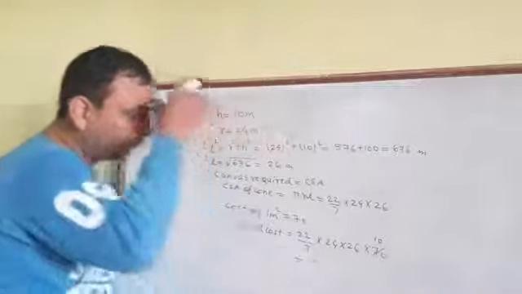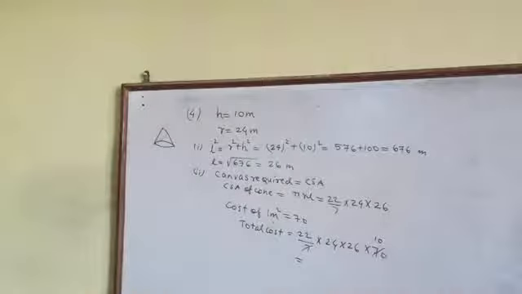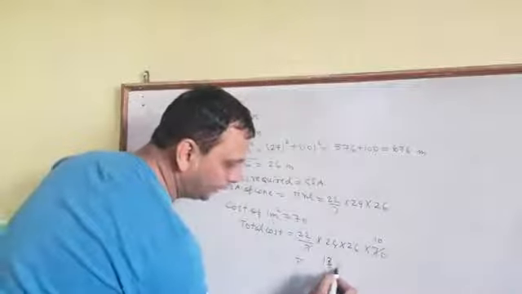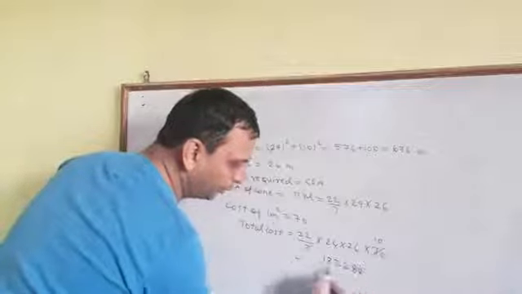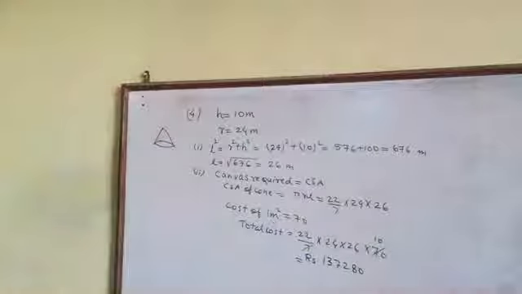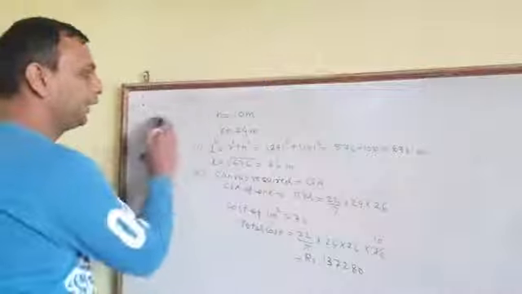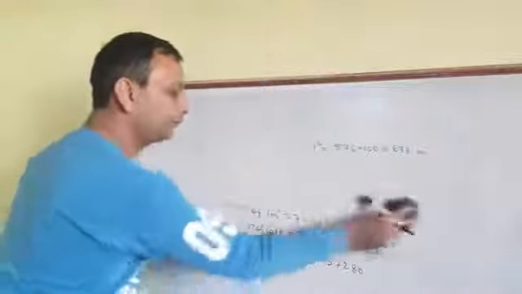So now 22 multiplied by 24, multiplied by 26 multiplied by 10. On solving this we will get 137280 rupees as the answer for the 4th question. This completes the 4th. Now take the 5th question.